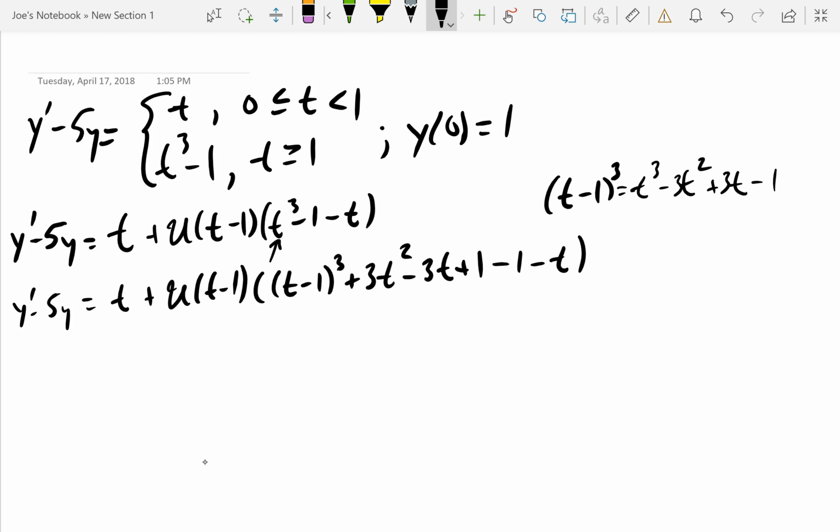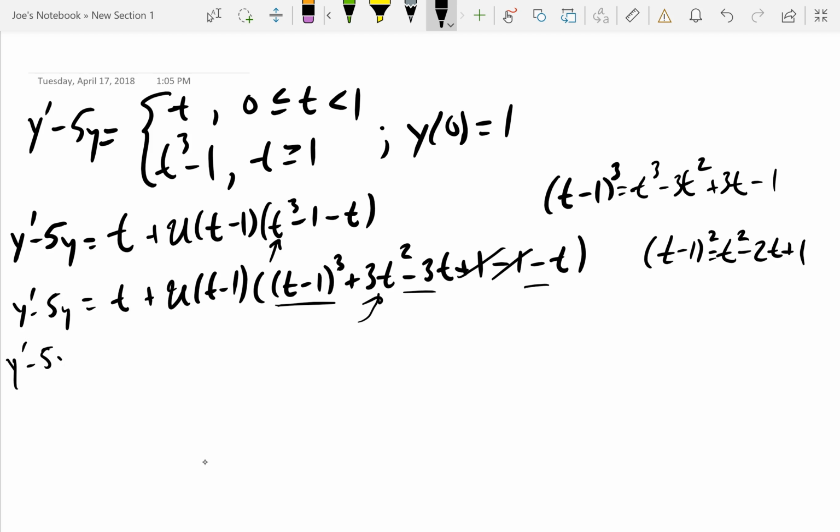All right, I have this as a function of t minus 1. Those two pieces cancel, and of course I can combine those like terms. But now I need to work on this t squared, because I also need that as a function of t minus 1. So I have to write that off to the side here. T minus 1 squared is t squared minus 2t plus 1.